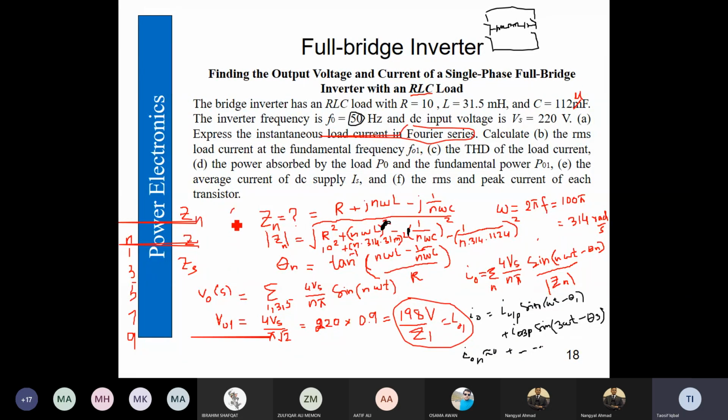Then similarly we need theta n, so theta 1, theta 3, and so on.